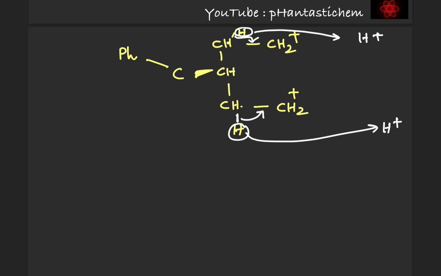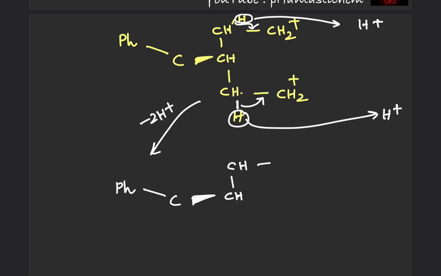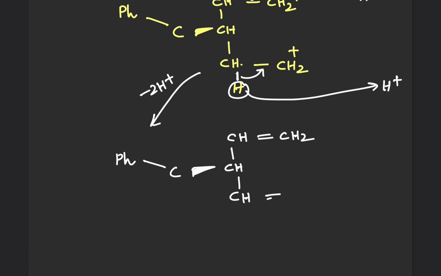So therefore ultimately we will get alkene. So this is how dehydration of alcohol takes place. So let's say minus 2H plus going out, so we will be getting pH C with a bond with CH, and CH double bond CH2, CH double bond CH2.